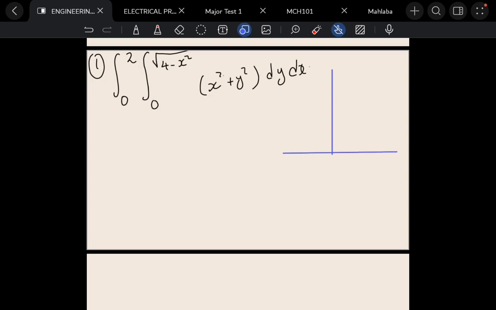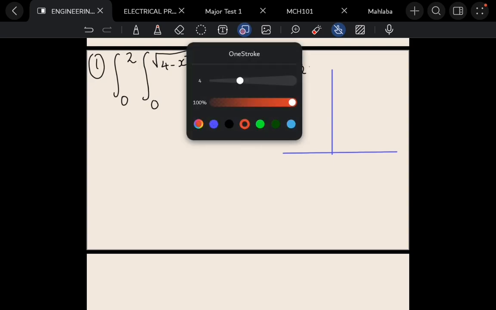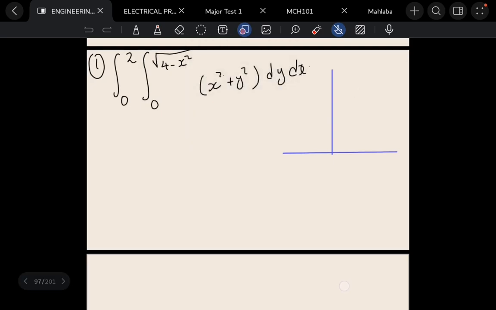Now drawing the region for this, you will notice that if you take out the things, I'm going to have x equals 0, x equals 2, and then y equals 0, and y equals the square root of 4 minus x squared.